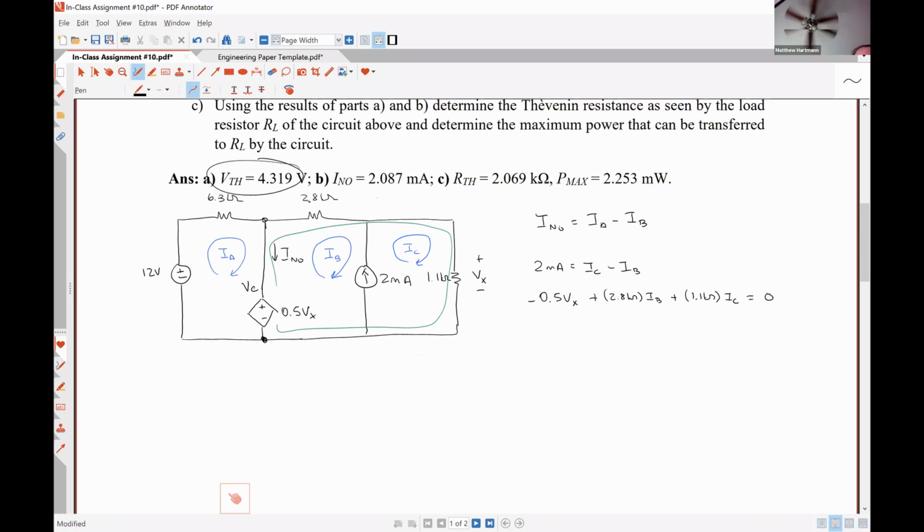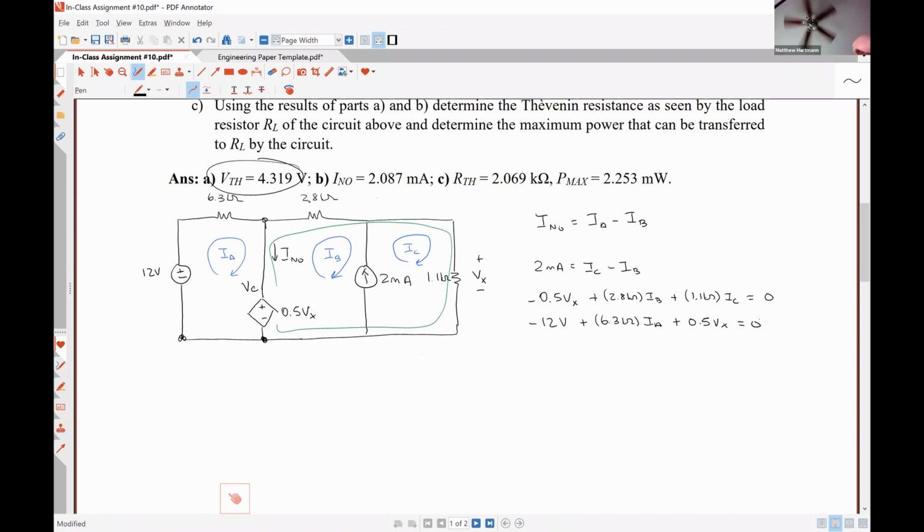Great. Now let's get an equation for mesh A, starting at the bottom left-hand corner and working our way clockwise around mesh A's loop. Negative 12 volts, plus IA times 6.3 kilo ohms, plus 0.5 Vx is equal to 0.